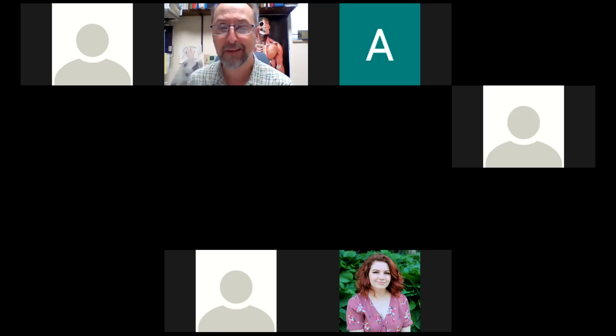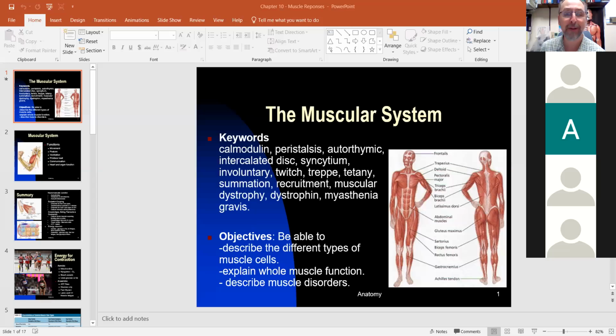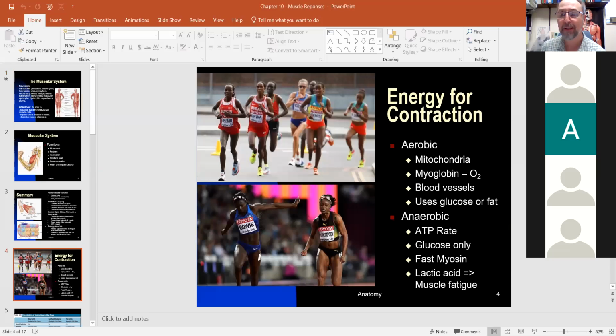Well, if that's good, let's go to the last one, and we'll just talk about this energy for contraction again a little more. Does anybody see the energy for contraction slide? Yes? Yes. Thank you.